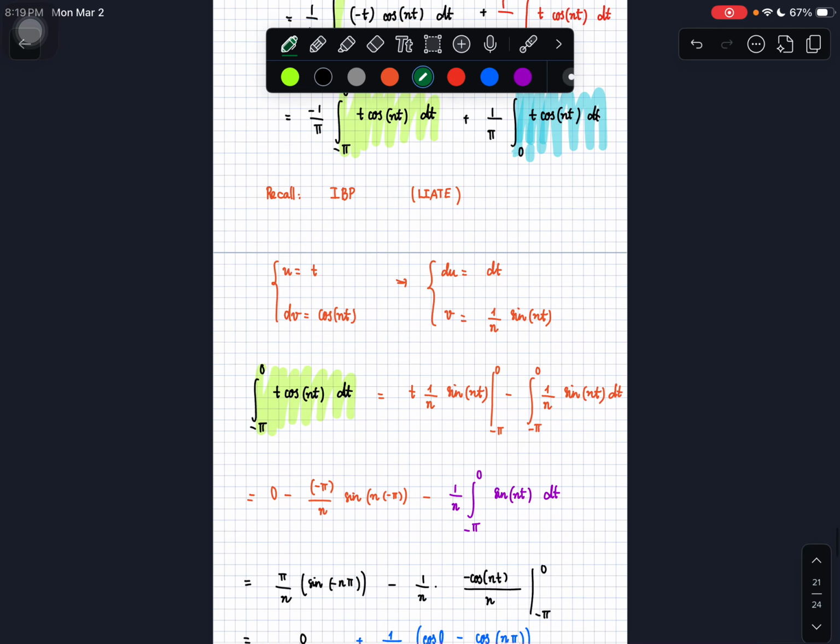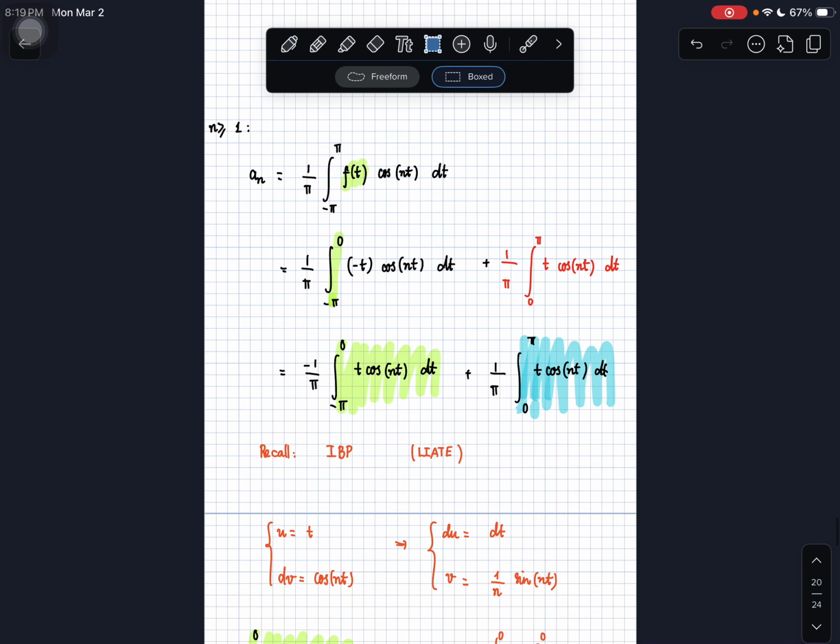Now together, an is equal to this formula.